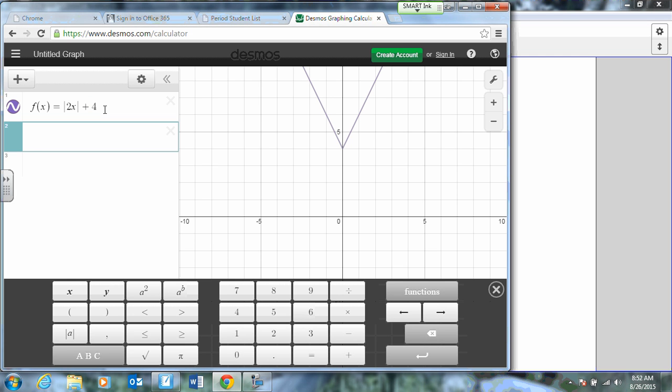Okay. We think it might be 1/2 times the absolute value of 2x plus 4. That gave me too many absolute values.